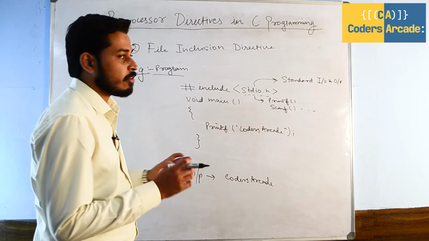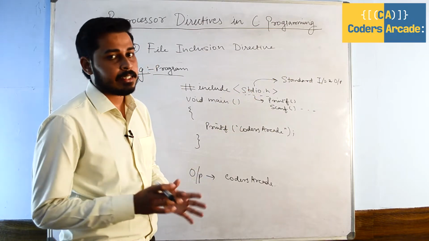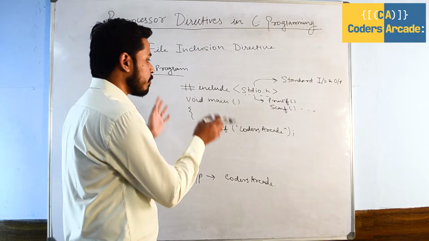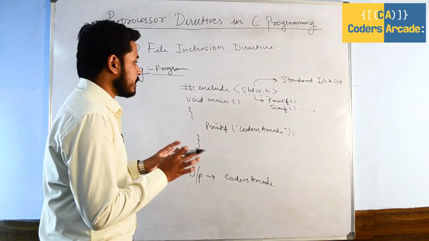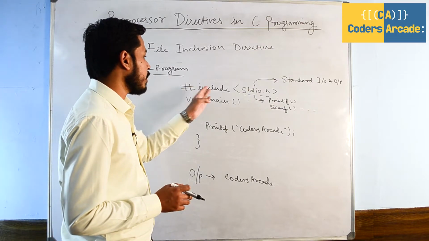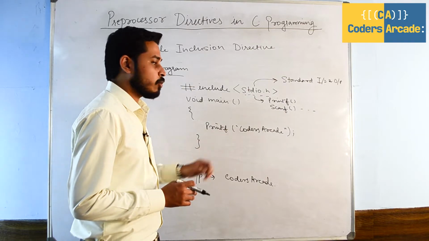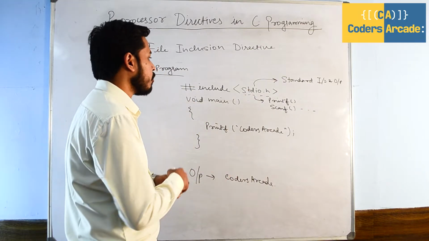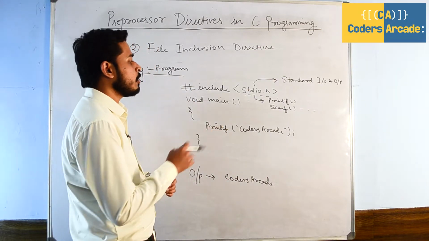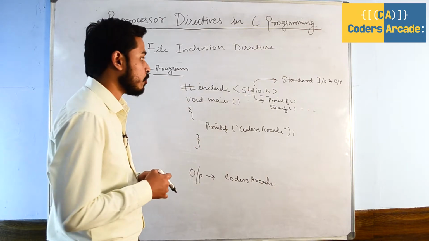So there are different files. This is the predefined, or you can say the standard header file that we included in our program. This is the main reason we include these kinds of files, to support these keywords and different parts of your program. Now there are so many types of files that you can include as a header file.